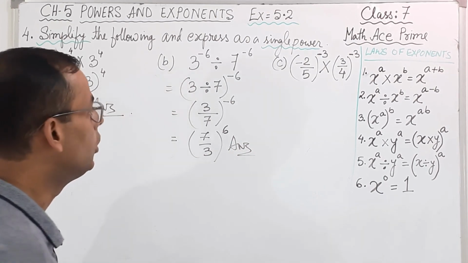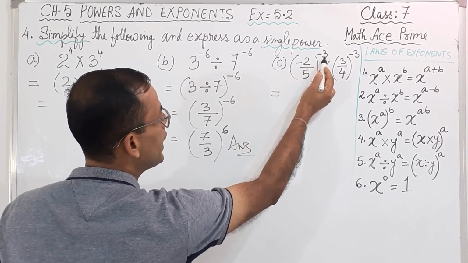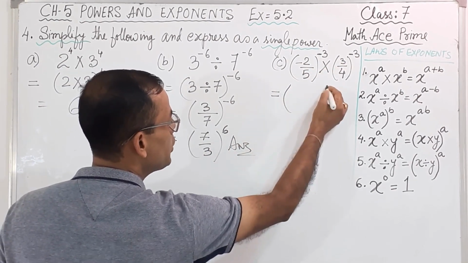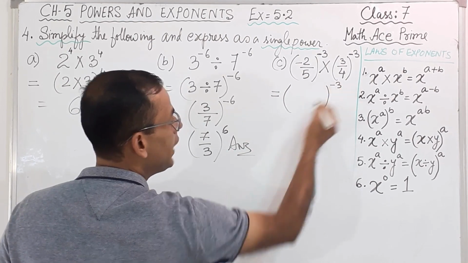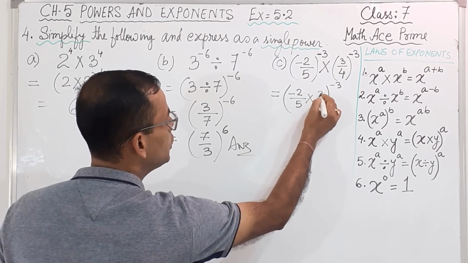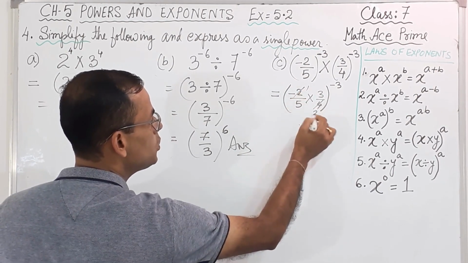Clear? Now let us do number C. Here you can see the powers are the same but the bases are not the same, so we will put a bracket and the power will be outside: minus 2/5 into 3/4. Now you can cancel: 2 1s are 2, 2 2s are 4.